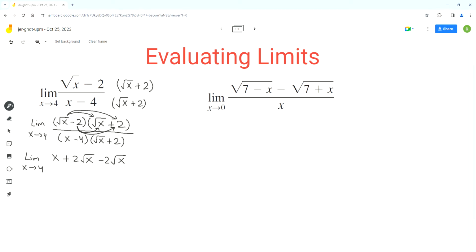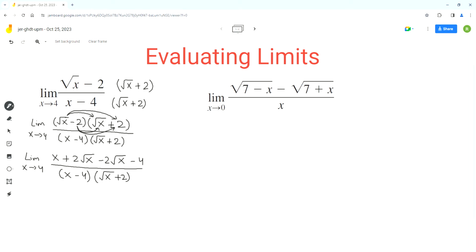And then we do negative 2 times positive 2, which is equal to negative 4, over x minus 4 times square root of x plus 2. Now we do not want to do the distribution in the denominator because we want to get rid of this x minus 4 in the denominator.